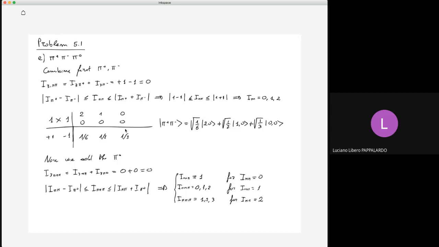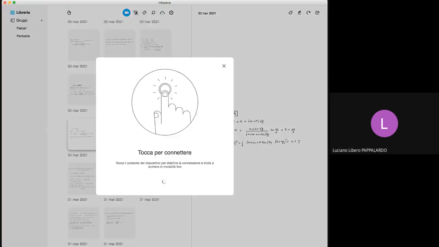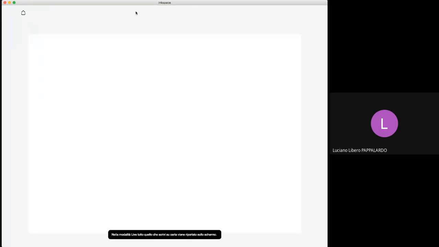So let me take a new page here. We have to consider the three cases separately. For I pi pi equals 0, the only assignment is that for the 3 pion system, this can only be 1, 0.